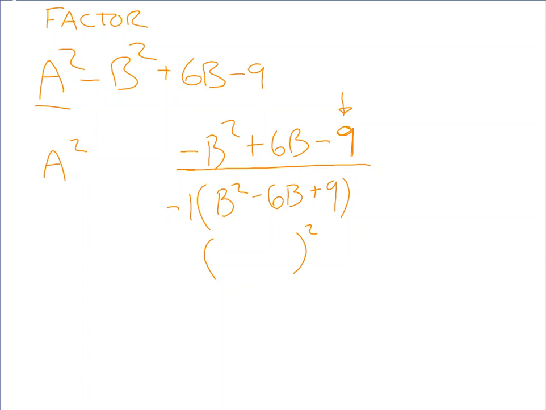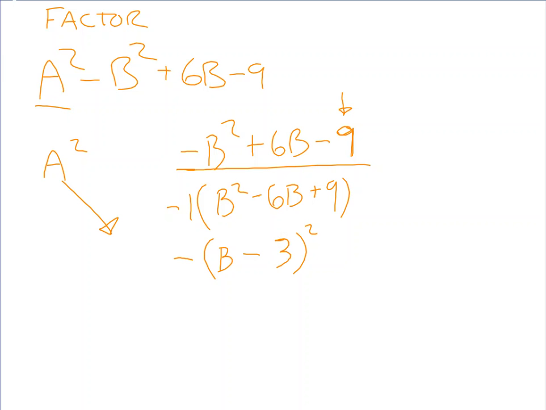What does my linear term tell me? Subtraction. So we have subtraction. So what is the square root of b squared? B. What's the square root of 9? 3. And I still have this negative out front, right? Yes.